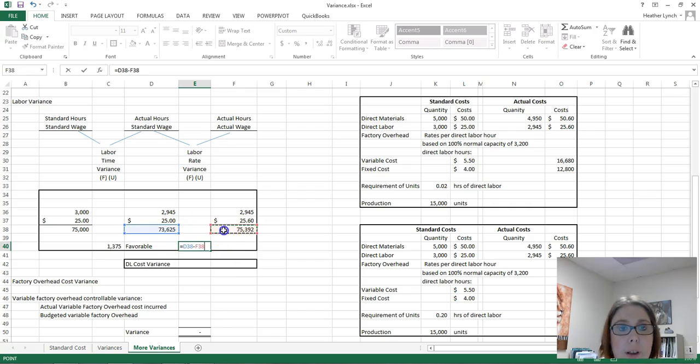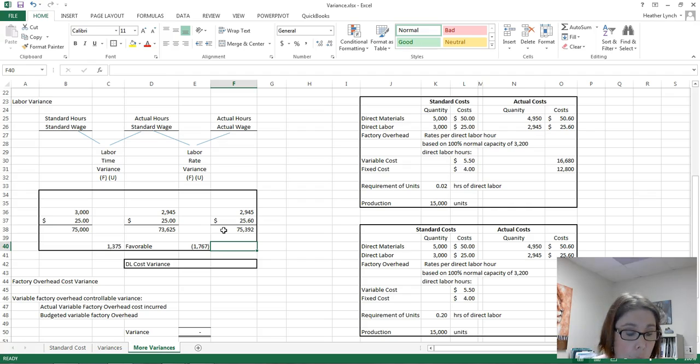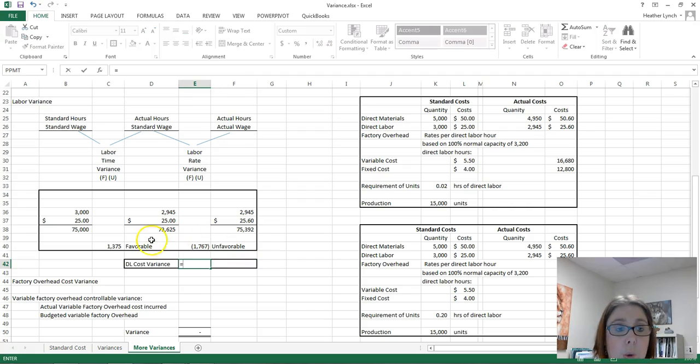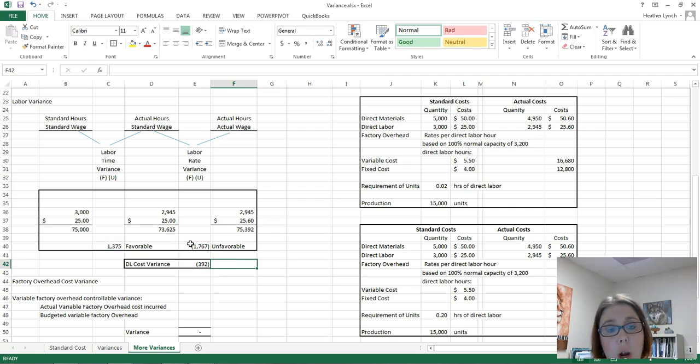We take the difference of that between our actual hours and actual wages. So we were unfavorable when it came to the rate. So then we can add the favorable and the unfavorable. So for direct labor cost variance, we were 392 unfavorable.